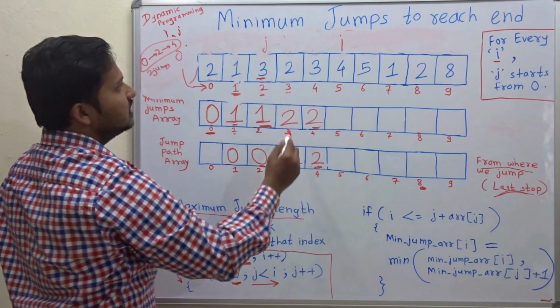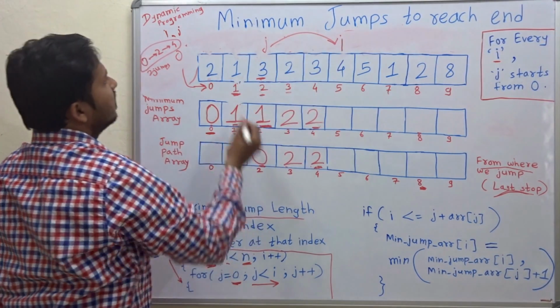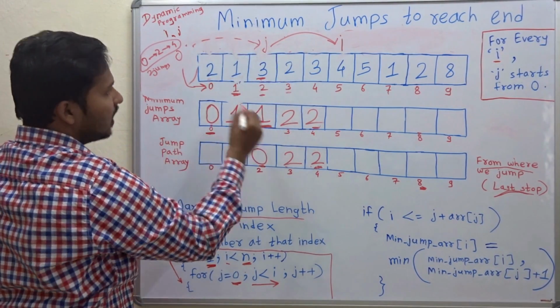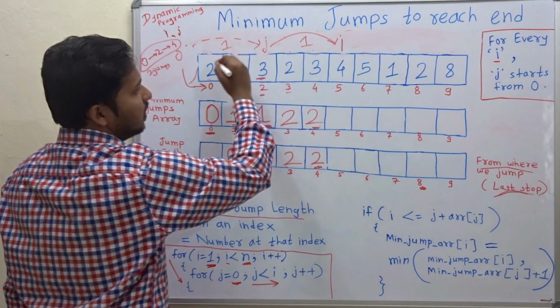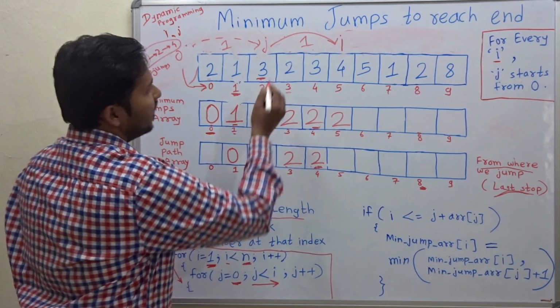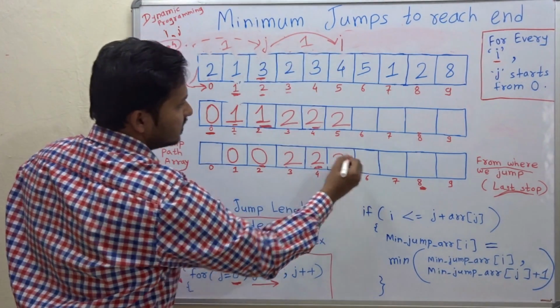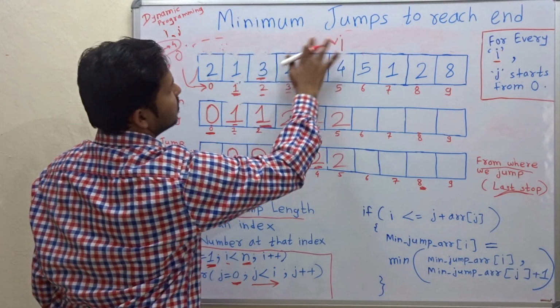Now I is in range of j, right? So one jump from j to I, and to reach j, one jump is needed. So 1 plus 1 is 2. So write 2 here in this empty box, and from where do we jump? From the second index.